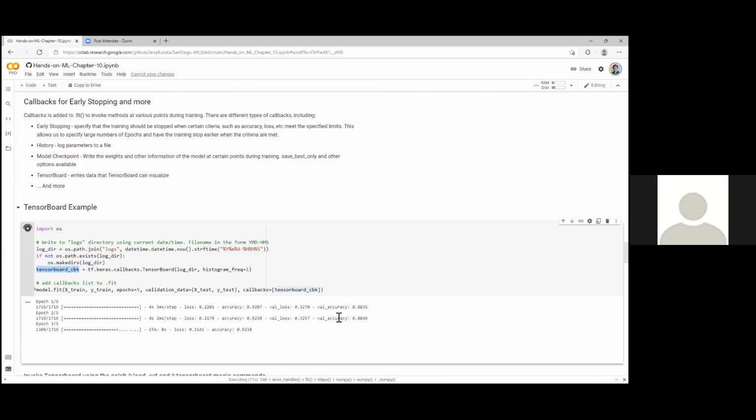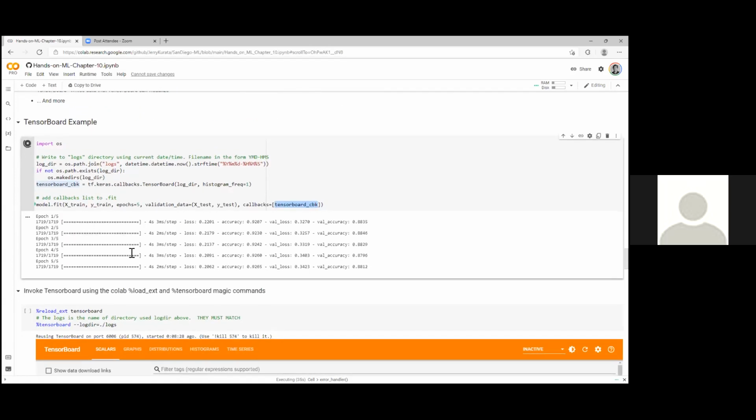This TensorBoard callback, and once again, the braces mean an array. So we can put multiple callbacks in there at the same time. We could put 7 or 8. So we could stop early training and call TensorBoard and checkpoint and write to the history file.